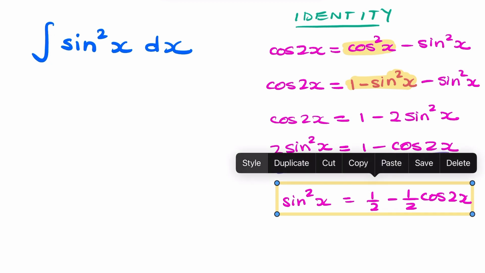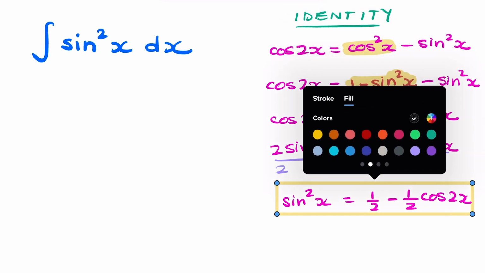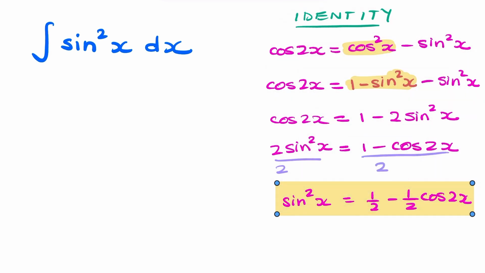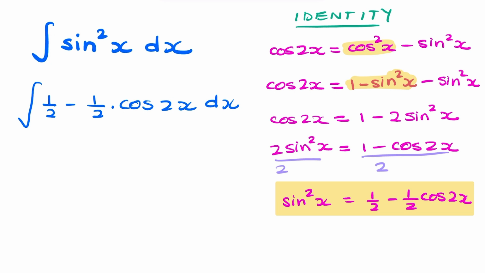So I suggest you derive it every time you need it, but I'm going to use that here and put that in place of my sine squared. So my integral now becomes the integral of a half minus a half cosine 2x dx.